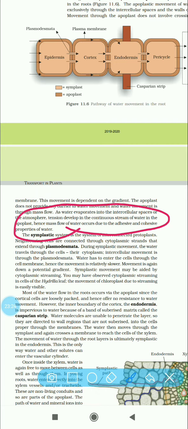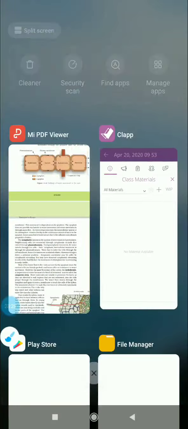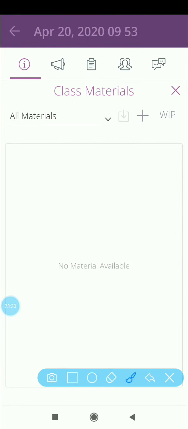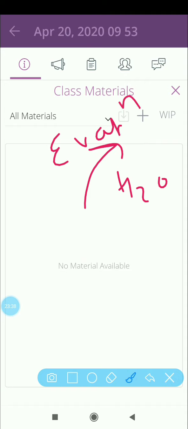I'll explain how it is. Let's say from this place the water is lost. There is evaporation. So this is where water has decreased.